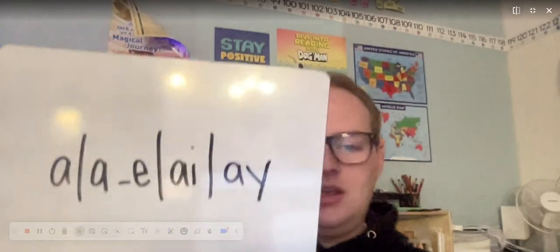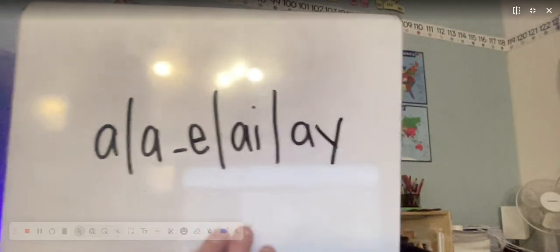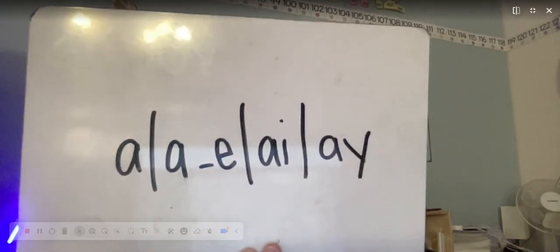Okay, so the first sound that I want you to spell is A. I have 4 spellings. Go ahead and pause if you don't have yours written down yet. If your board looks like mine, you are correct.